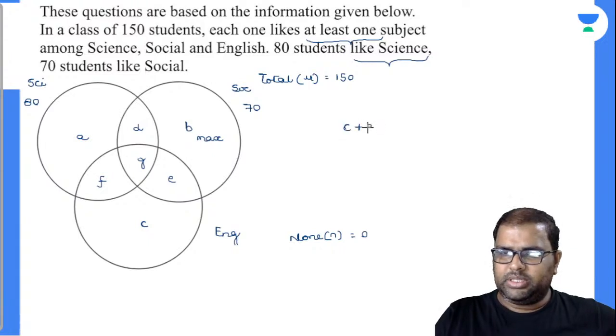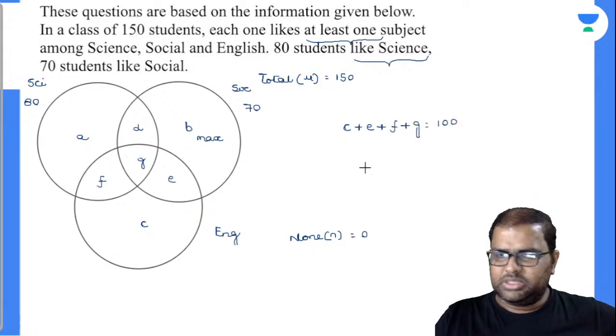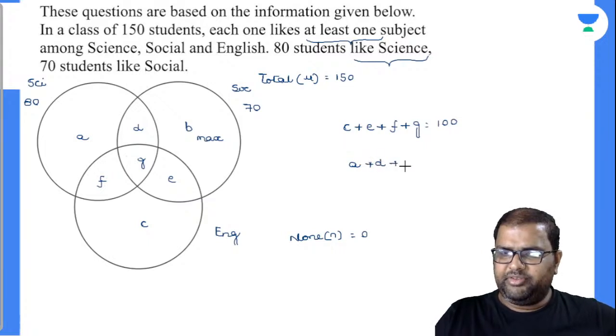I'll write it in blue ink. This is the last question now. C plus E plus F plus G is given as 100. So if I remove this value, A plus D plus B will be equal to 50. What max value can I give for B? I'll start with 50. If it doesn't work out, then I'll go back, right?